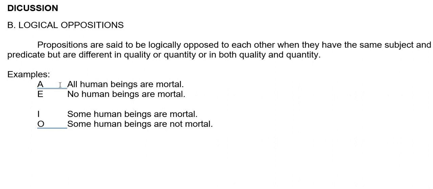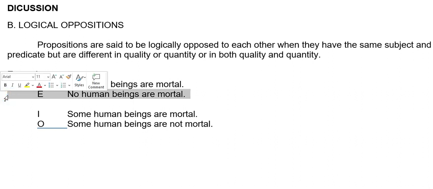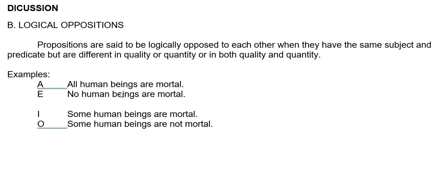But in the second proposition, an E proposition, there's a denial between the subject and the predicate. So they differ in quality, but have the same quantity. So there is an opposition between these two.